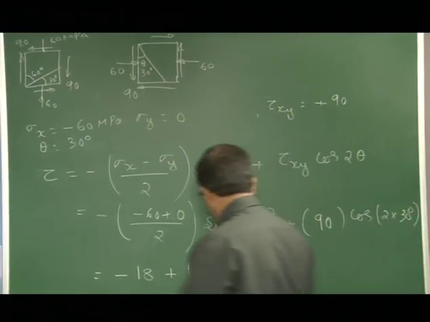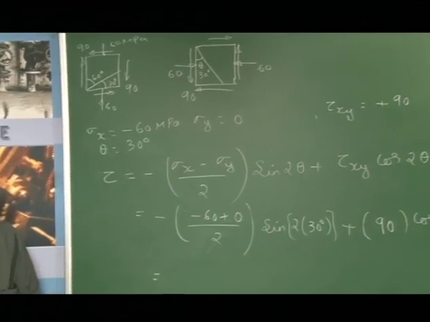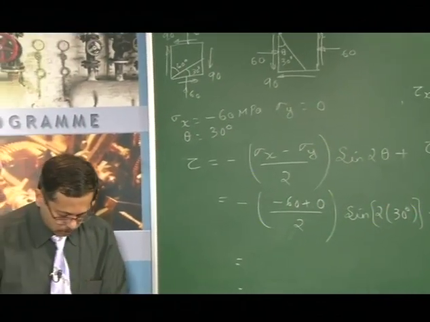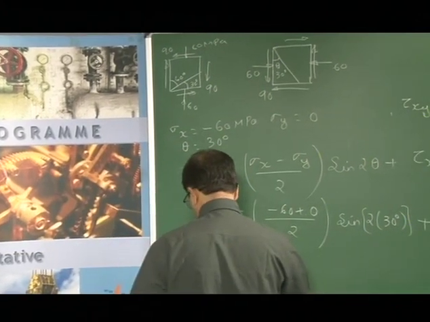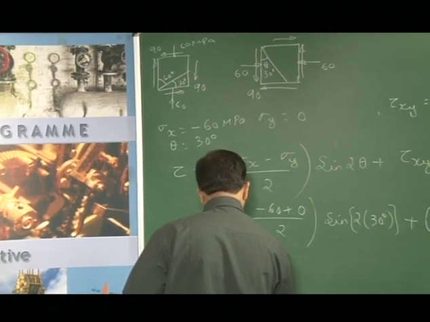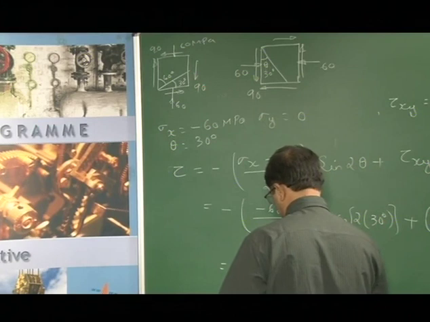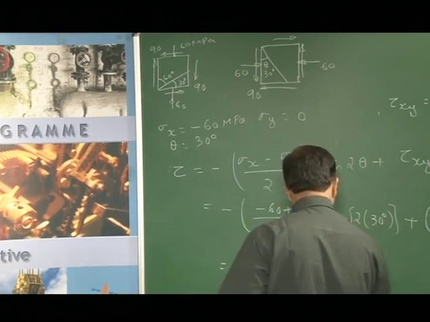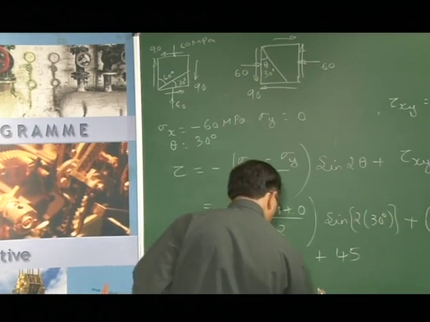So if I solve this, the values that I am going to get would be 25.98, and if I solve this, I get plus 45. So the summation would be 70.98 megapascals.